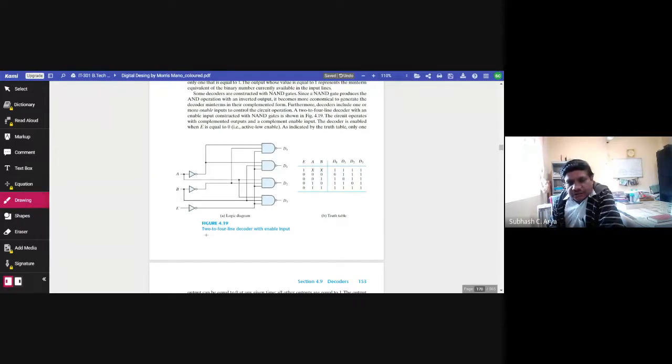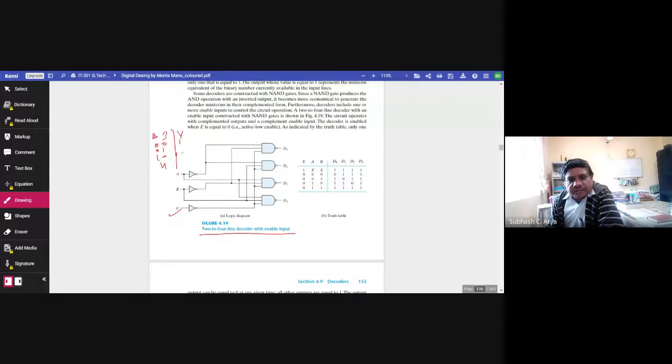Now, another circuit, 2 to 4 line decoder with enable input. So what is it? In order to control the entire circuit with one switch, that is called enable. But to get the enable circuit, we have to use this NAND gate, because a NAND gate has a very good property. Just see here A, B, and Y: 0 0 0, 1 1 0 1 1.